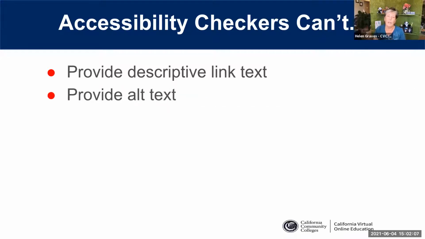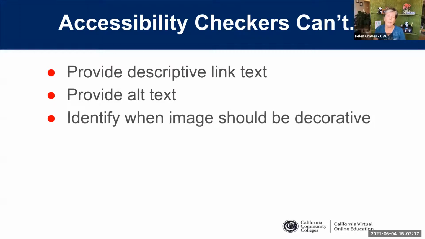You also can't rely on them to create meaningful alt text. Some tools will take a stab at it, but they're typically not very accurate. You also can't rely on them to determine when an image might be decorative or when it's been sufficiently explained in the text or anything like that.